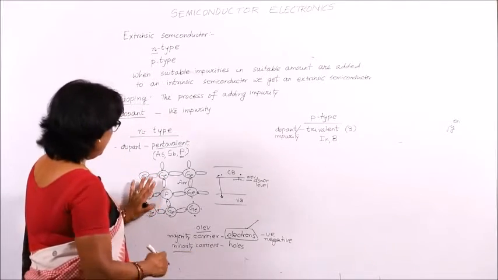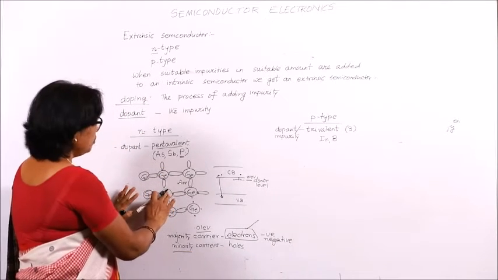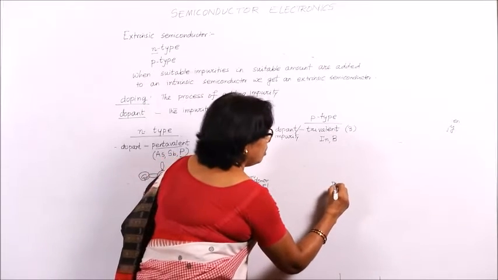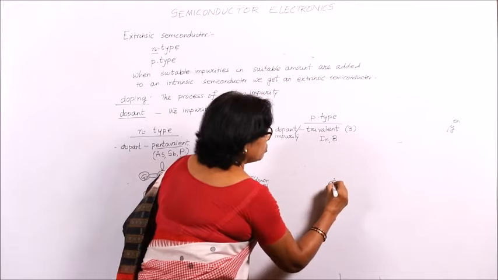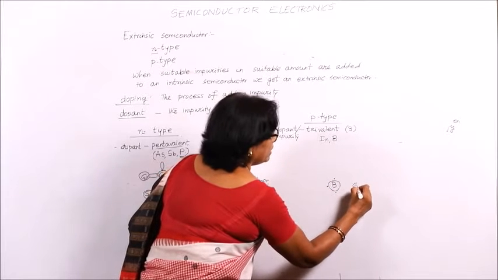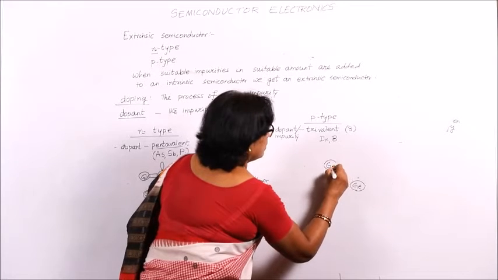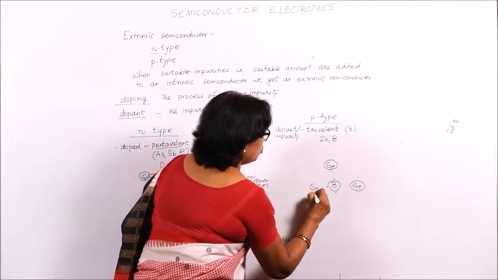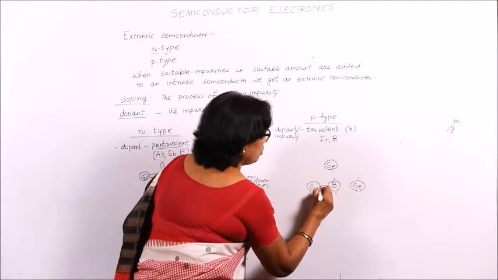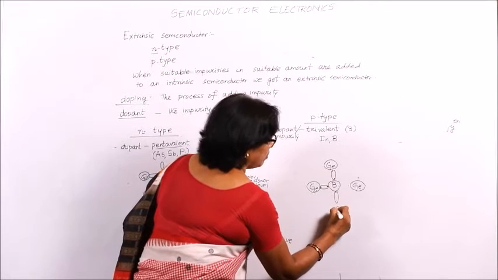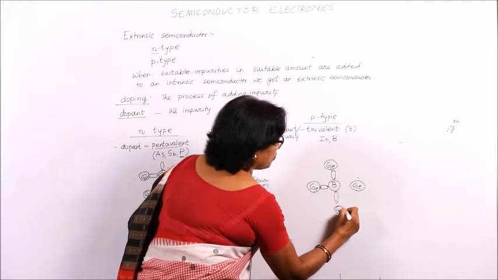So now, instead of the phosphorus P, let us put one B, the boron atom, in the middle, which has only 3 electrons, and it is surrounded by germanium atoms on all 4 sides. I am not drawing the entire diagram, you complete it. So now you see that 3 covalent bonds are made, completed.